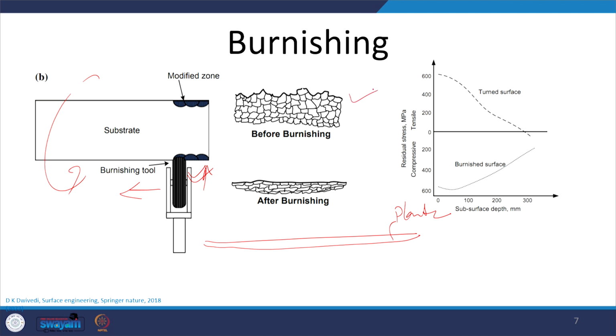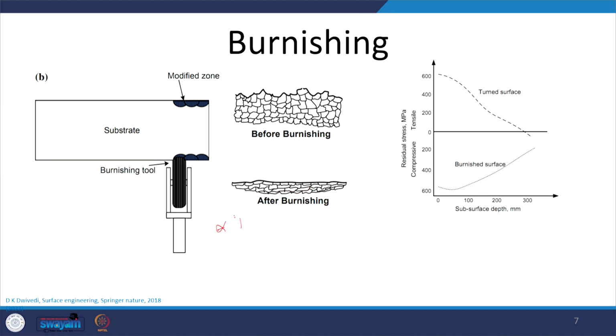So, what happens? Surface irregularities get collapsed, near surface layers get elongated, surfaces get smoothened, and plastic deformation of the near surface layers induces residual compressive stress. So, this burnishing surface layer deformation does multiple things. One, controlled plastic deformation, which causes work hardening or strain hardening, which in turn increases the hardness.